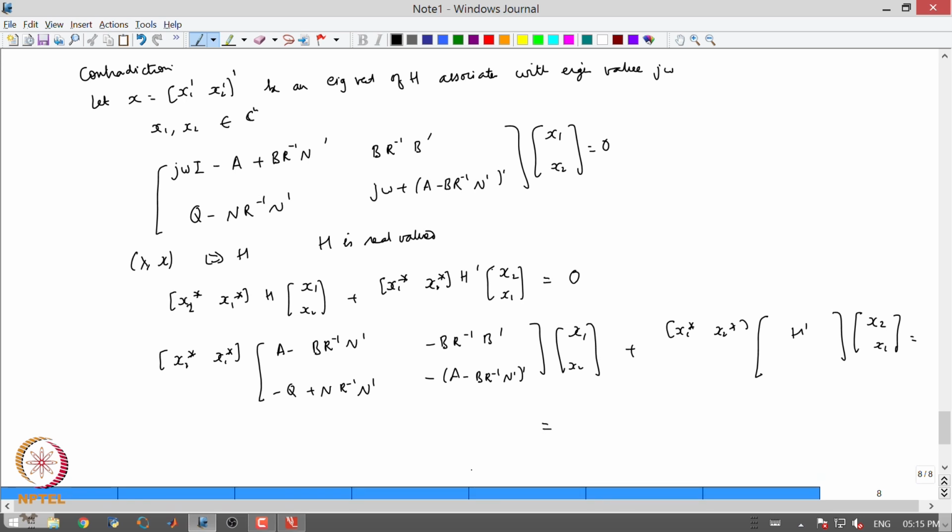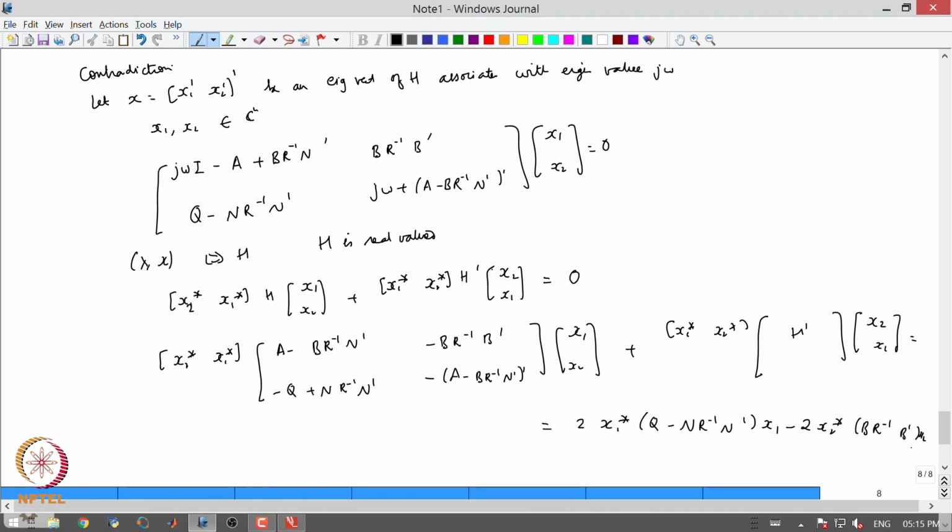This is equal to twice x1 star (Q minus n R inverse n transpose) x1 minus twice x2 star B R inverse B transpose x2. Okay. Now, this is equal to 0, right.